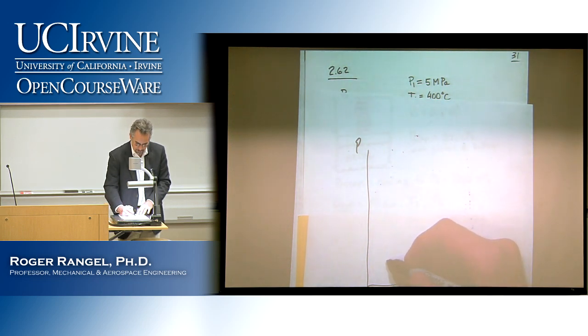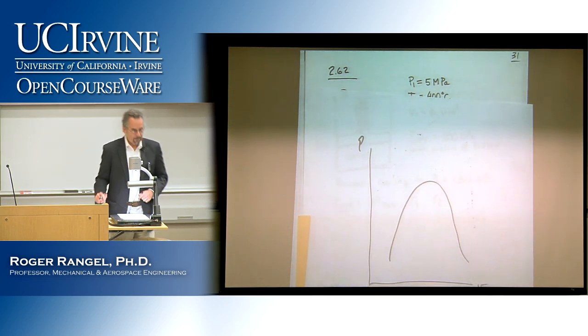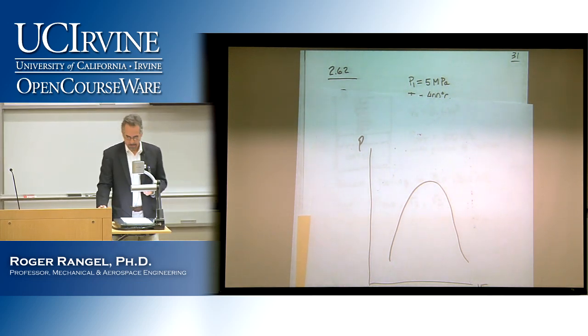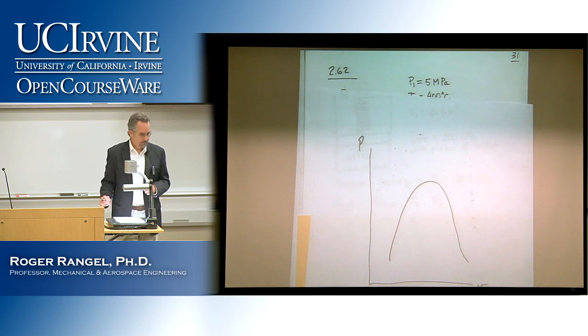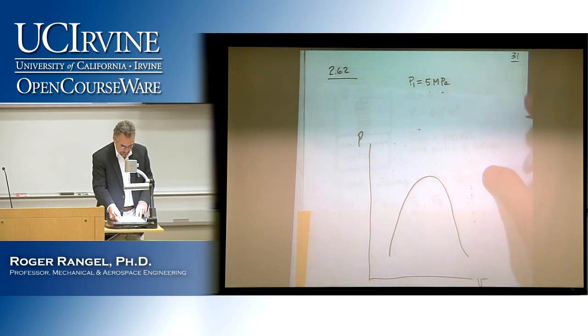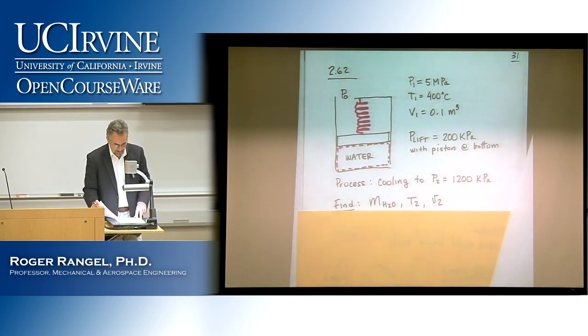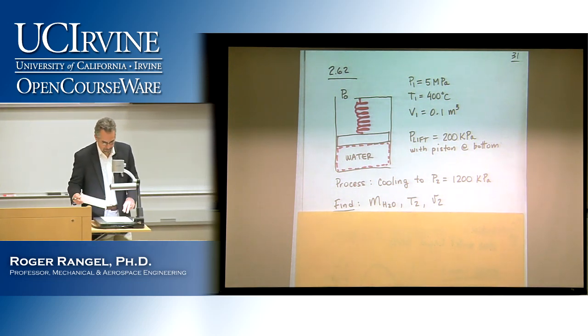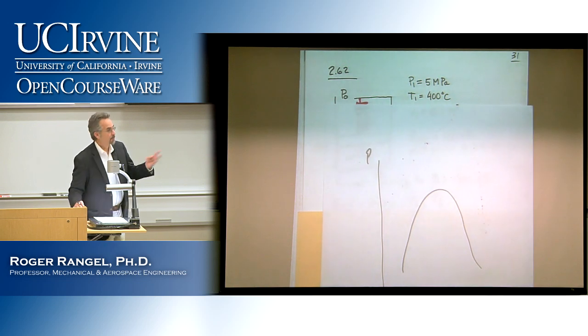So here's my dome. First thing that we should be concerned with is, where is state 1? And what would be your guess given the data that we have? 5 megapascals, 400 Celsius. The temperature is 400 Celsius.